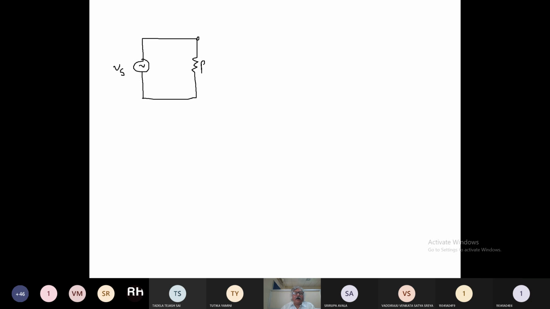This is our RG, gate, and here we have drain, common drain. It is common drain.